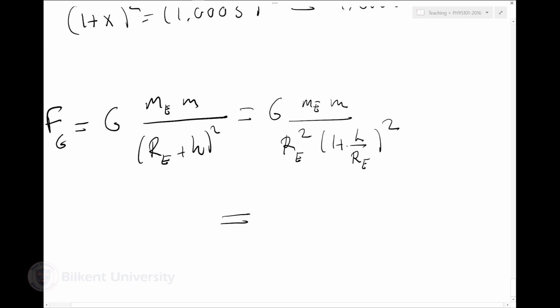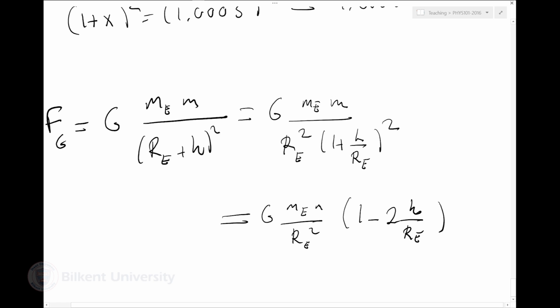I'll say (1 plus h over r_e) to the minus 2 is approximately 1 minus 2h over r_e.